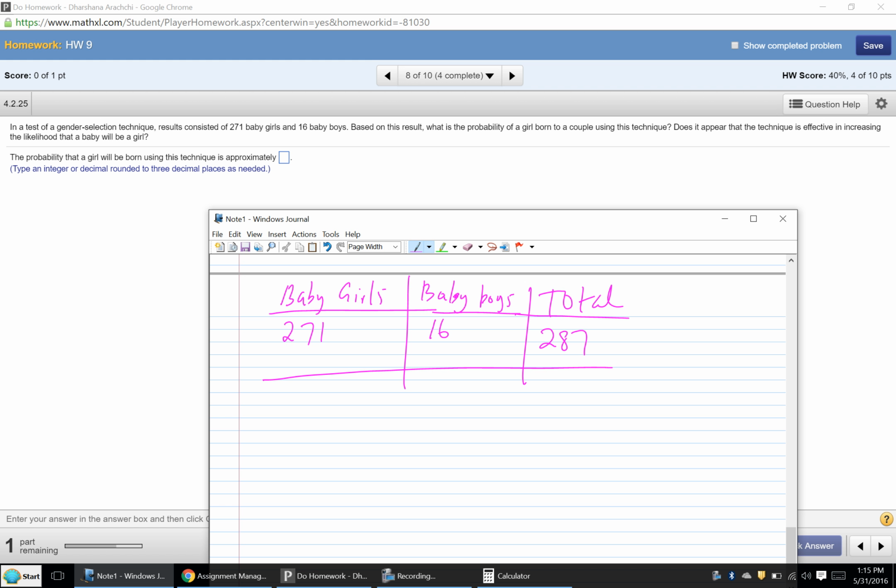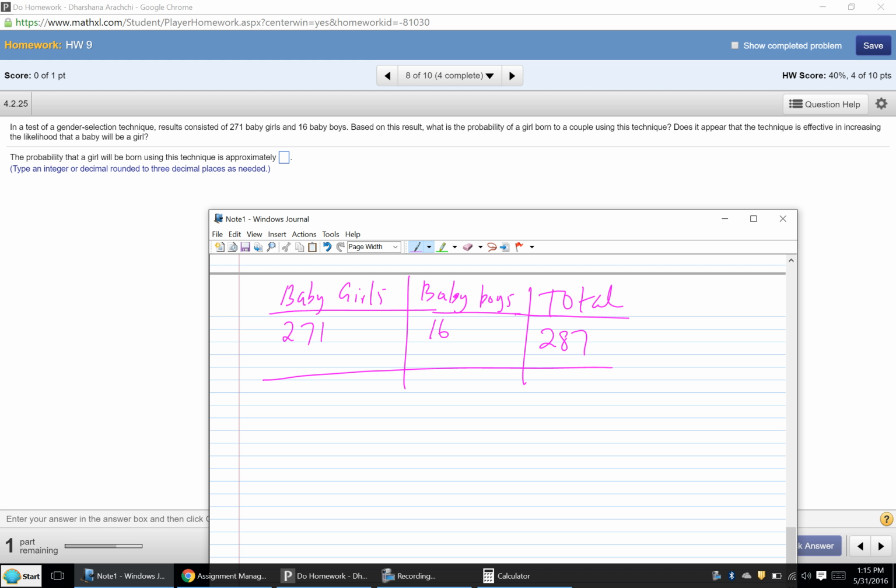Out of the 287 babies born as a result of this gender selection technique, 271 were baby girls and 16 were baby boys.